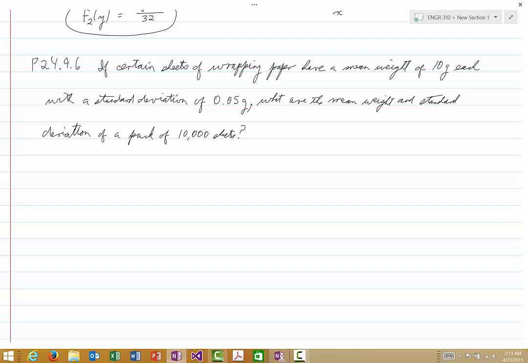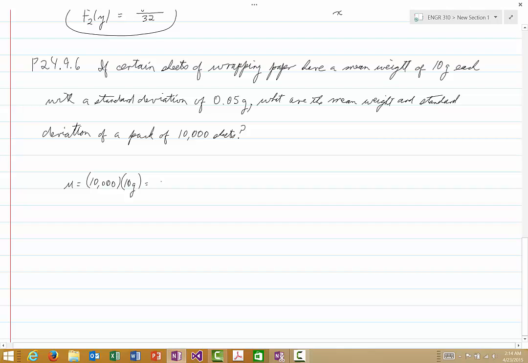Well, as the book explains, the mean of the sum of random variables is the sum of the means, and so each sheet of wrapping paper has a mean of 10 grams, and there are 10,000 of these, and therefore the mean for the 10,000 is just 10,000 times 10 grams.